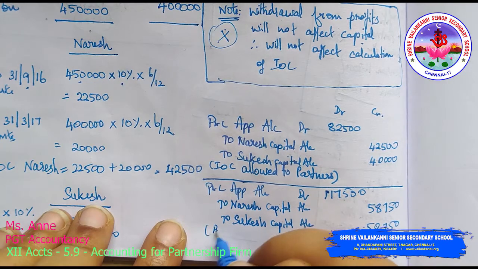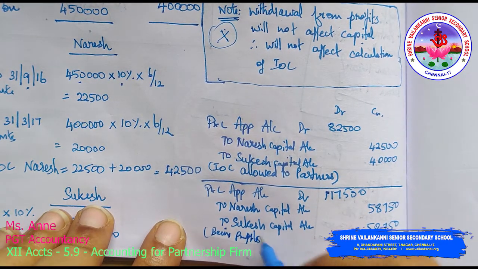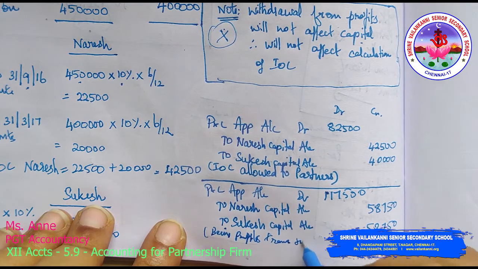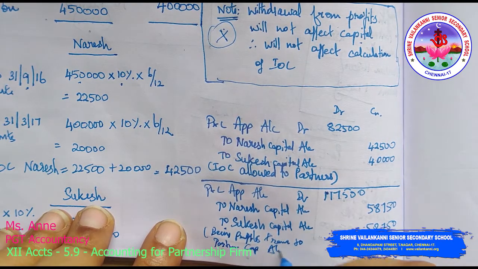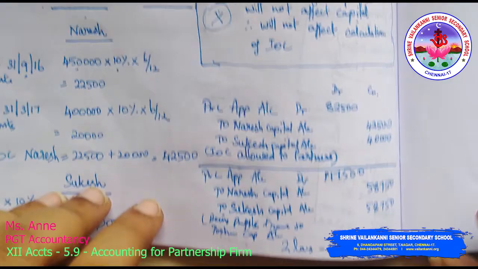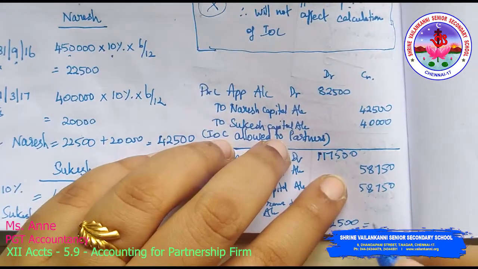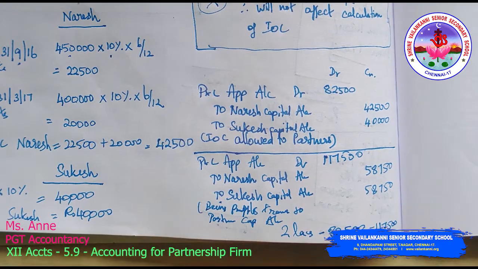The narration will be: being profits transferred to partners' capital account. How did I get this? 2 lakhs was my profit minus appropriations 82,500. I got 1,17,500. I'm sure that you are able to understand this clearly.